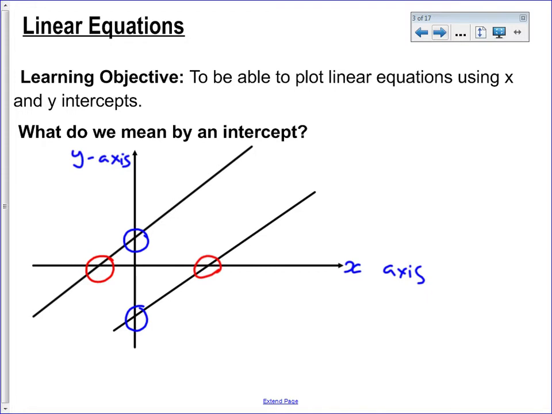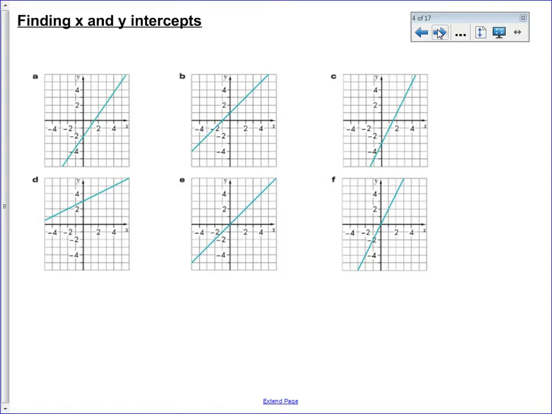Okay, now let's have a look at x and y intercepts with more accuracy. Let's have a look at graph A. See if you can pause it and write the x and y intercepts. Okay, hopefully you've done that now. So let's look at the x-intercept.